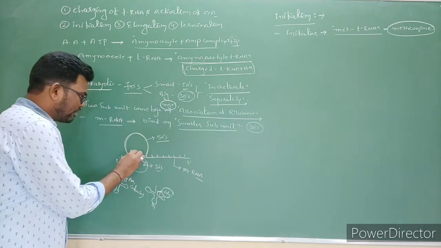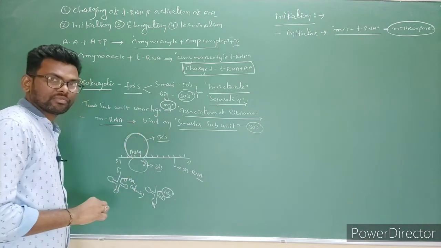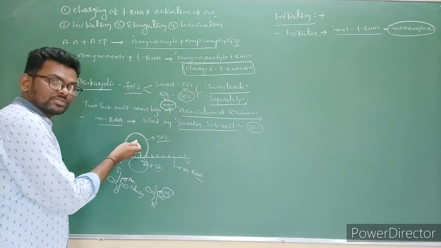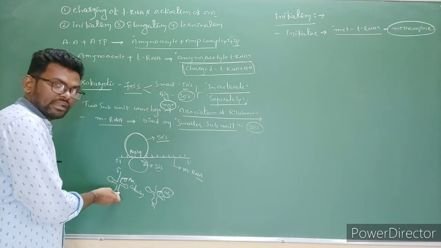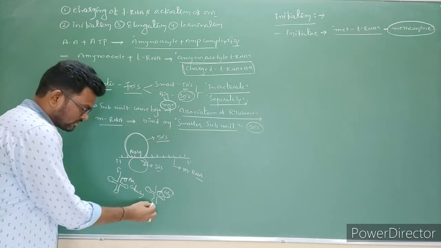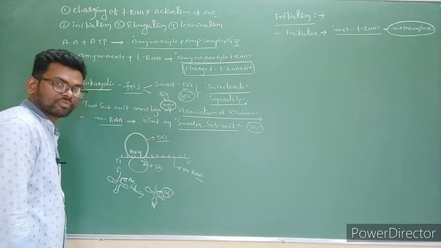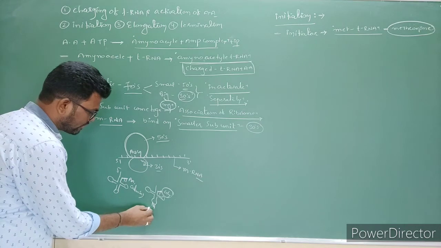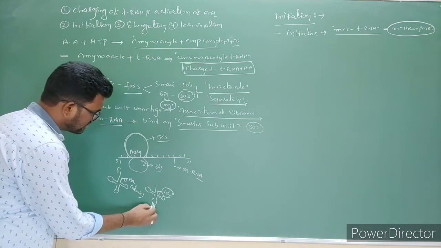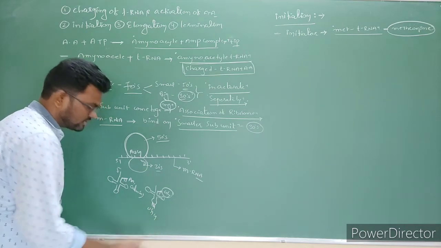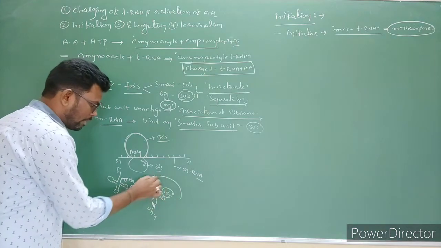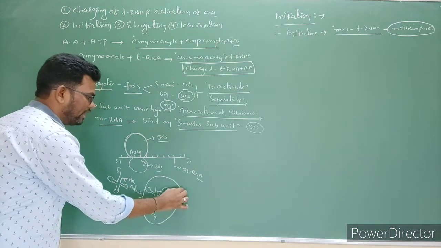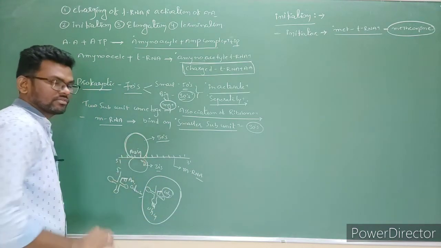For AUG, the complementary sequence is present on the tRNA. What is the complementary? This is the anticodon. For example, for AUG, A is going to bind with uracil, then adenine, and G. Now this amino acid is going to bind with this sequence.